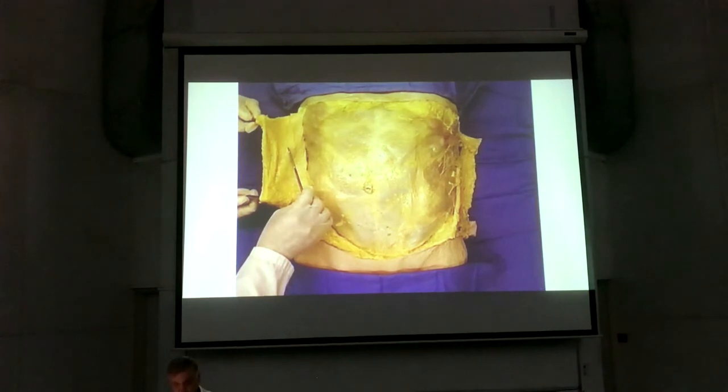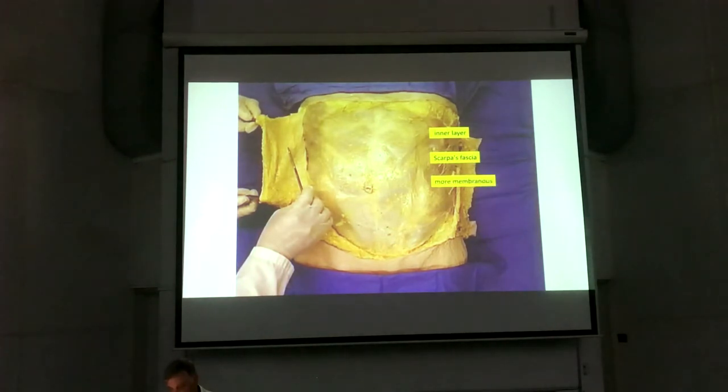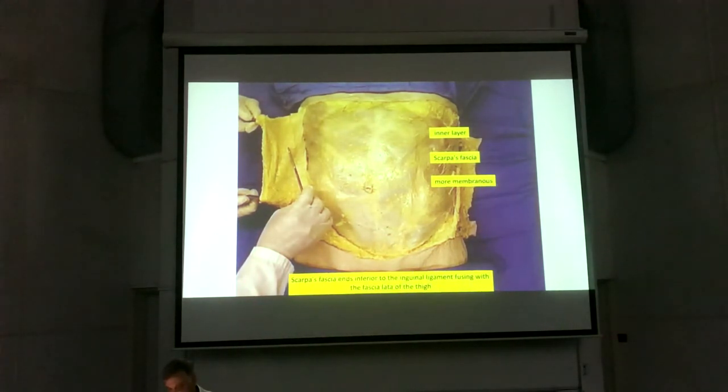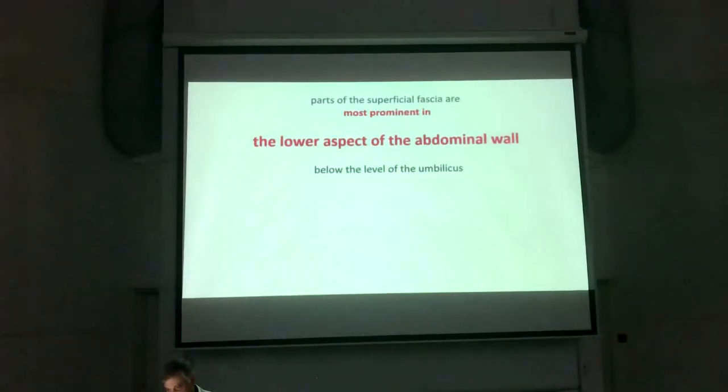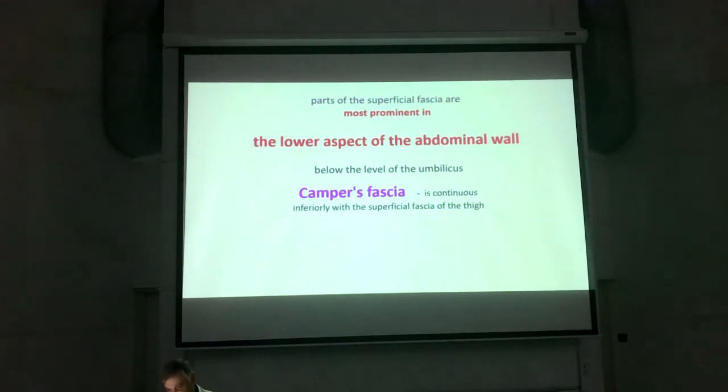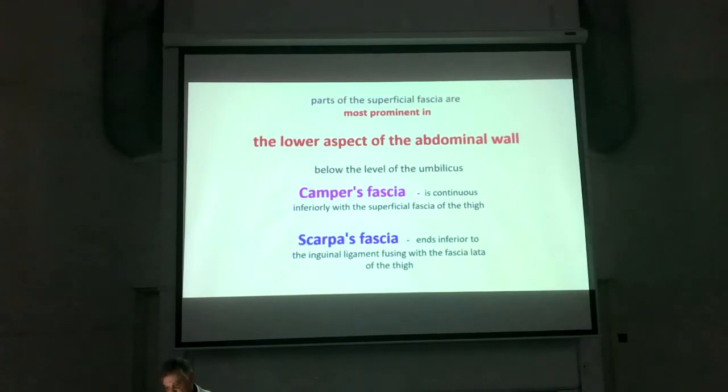This is Scarpa's fascia. It's more membranous. Camper's fascia is continuous with the superficial fascia of the thigh, and Scarpa's fascia ends inferior to the inguinal ligament. Now we need this information because of the example I have just given you.